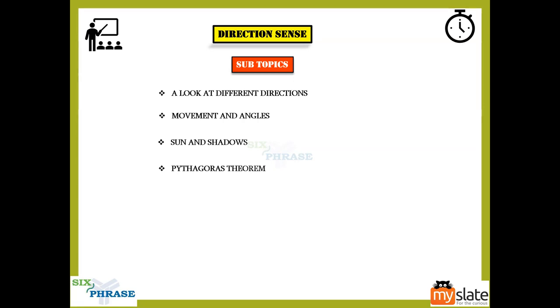And we look at this famous theorem, Pythagoras theorem. Without this Pythagoras theorem, guys, you cannot do any problem. I wouldn't say any, but most of the problems in direction sense you cannot do. So we'll first make sure that we understand Pythagoras theorem, and then we'll move on to Pythagoras theorem applied in direction problems. So we'll have a look at the examples, and then we'll go through all the problems that we are going to solve in this section, guys.